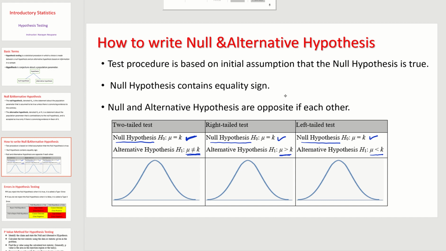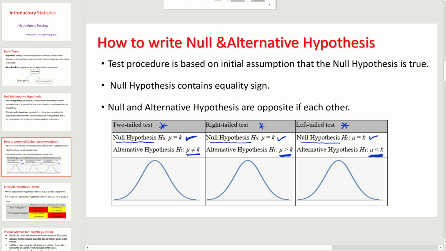So you can see that in the alternative hypothesis, your parameter may contain a not equal to sign, greater than sign, or less than sign. Now, based on this, we say that our test may be a two tail test, right tail test, or left tail test. How?